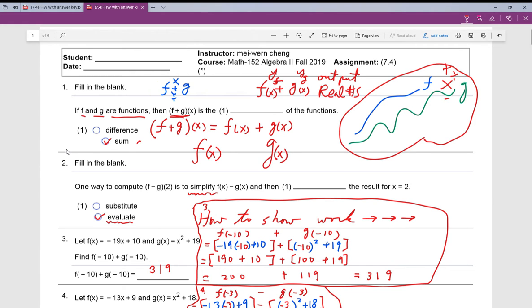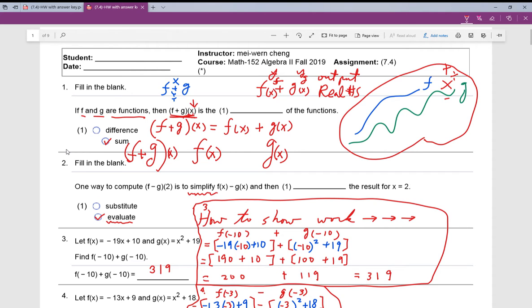Now, if I ask you to have f plus g, you cannot do anything without input. So you can see that they ask you to add the two functions with the input x. So we won't just ask you to add two functions. You need to input x.